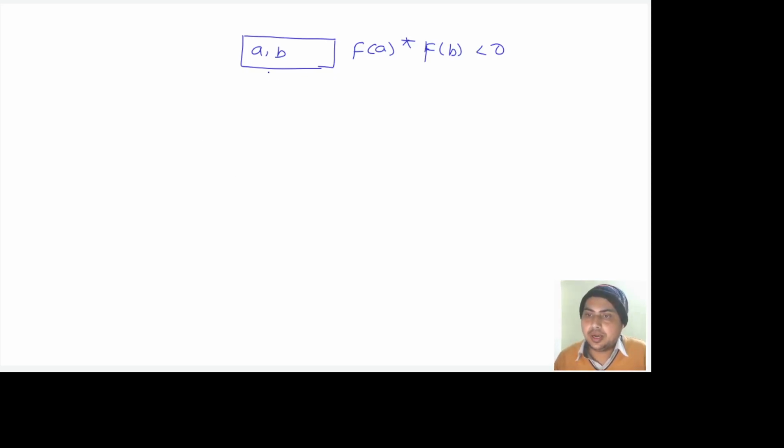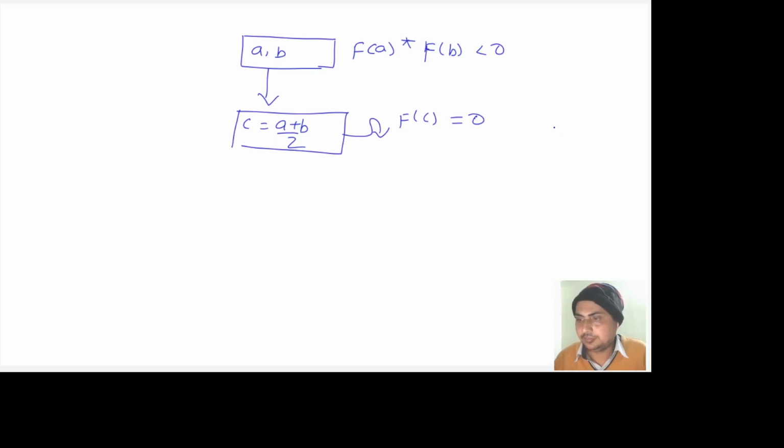And now we calculate c is equal to a plus b upon 2 and check if f of c is equal to 0, then this is your solution.